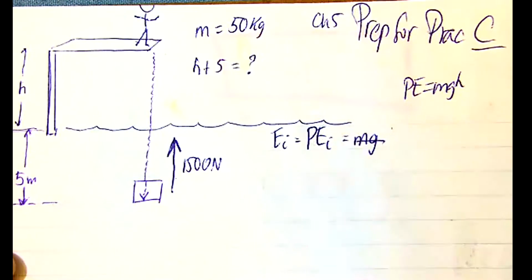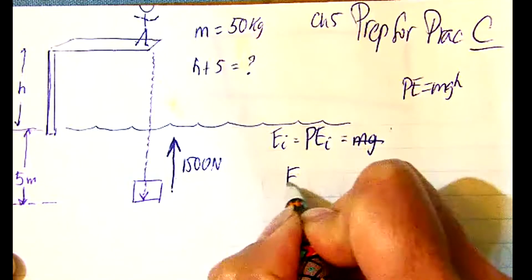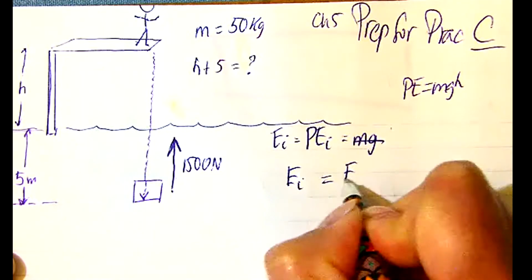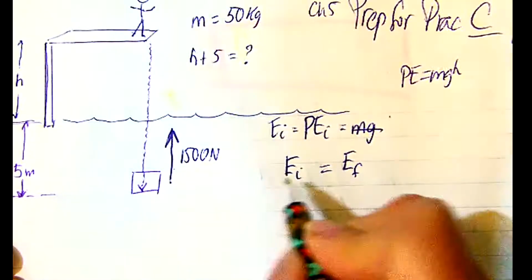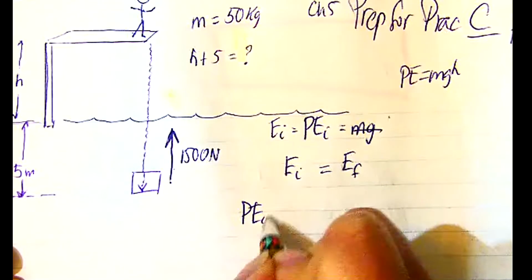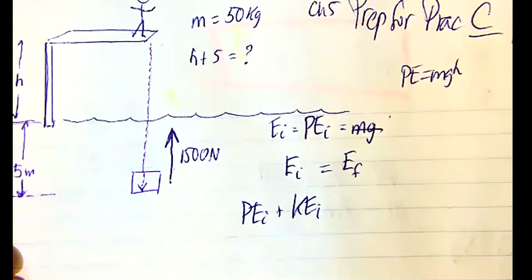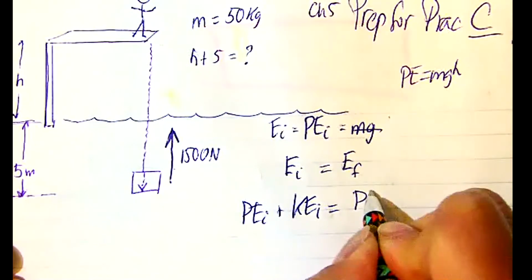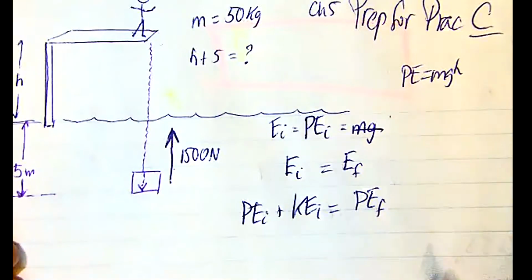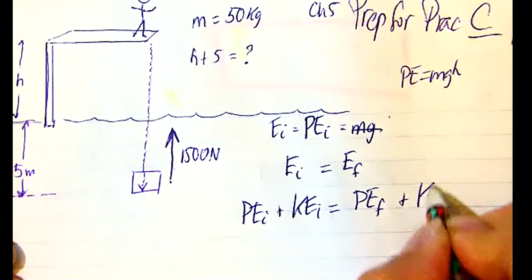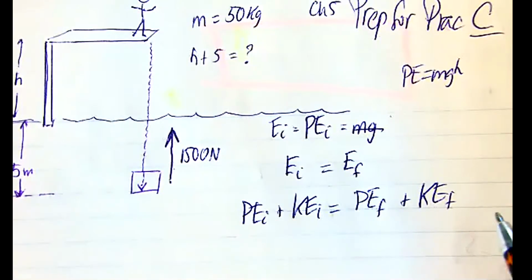Well, let's go back. The initial energy is equal to the final energy. So we have the initial potential energy plus the initial kinetic energy is equal to the final potential energy plus the final kinetic energy.